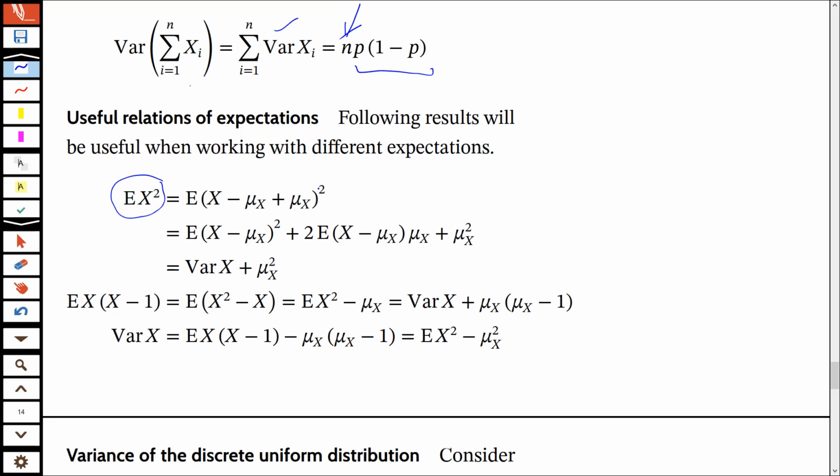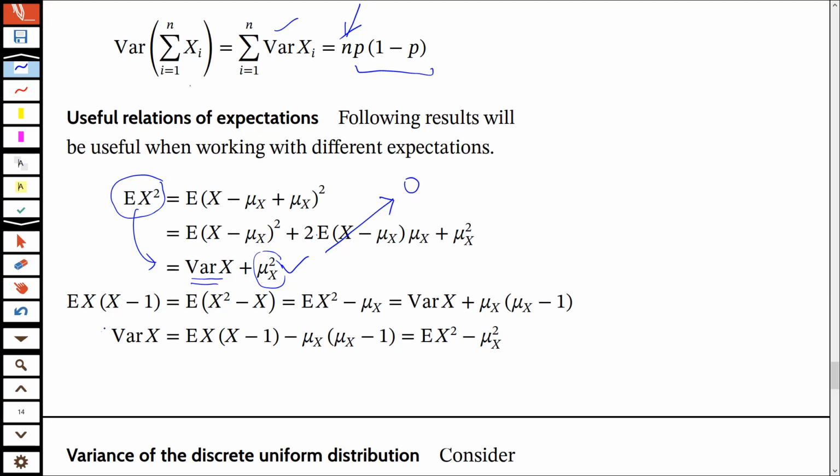I add and subtract the mean because I want to connect it to variance, so I write (X minus mu), apply the square, expand it, use linearity of the expectation and recognize that the expectation of the simple difference without squaring it will be 0. So you have a very nice formula. The expected value of a squared random variable is simply the variance of that random variable plus the square of its mean value. You can also remember it in words: the expectation of a squared random variable is the variance of that random variable plus the square of its mean.